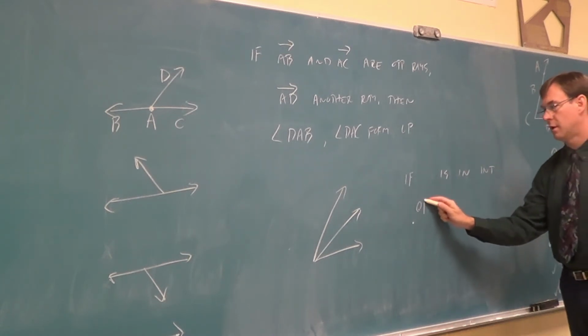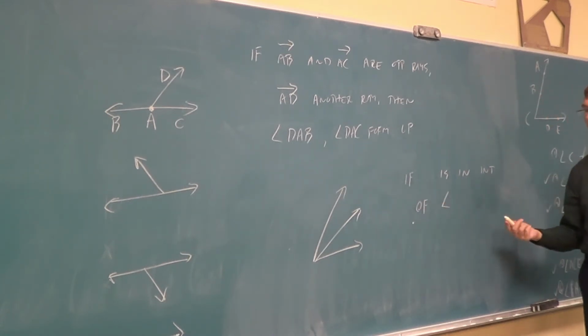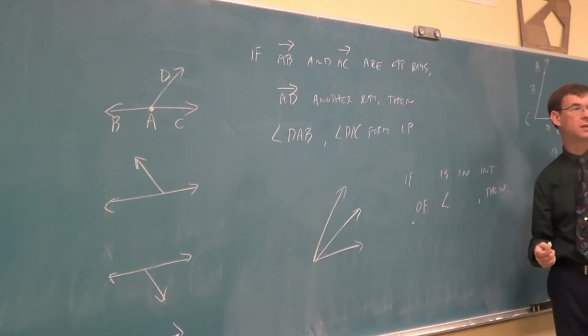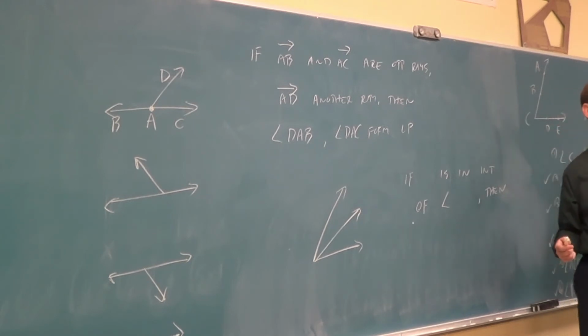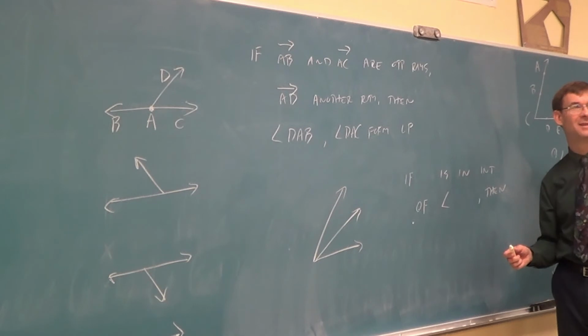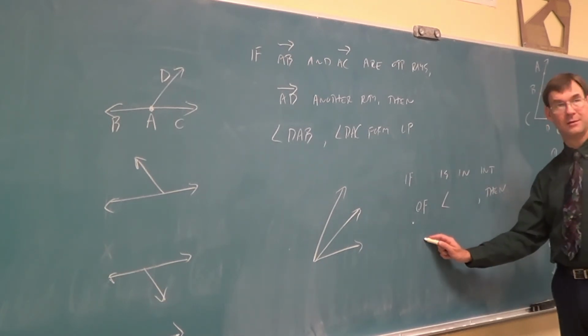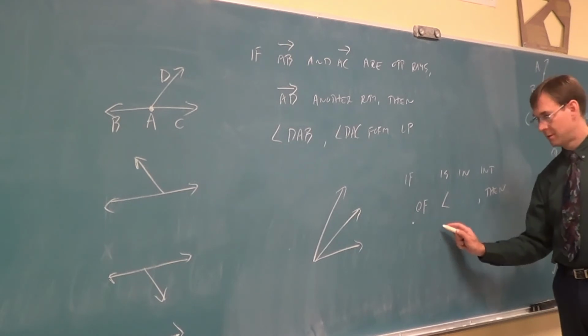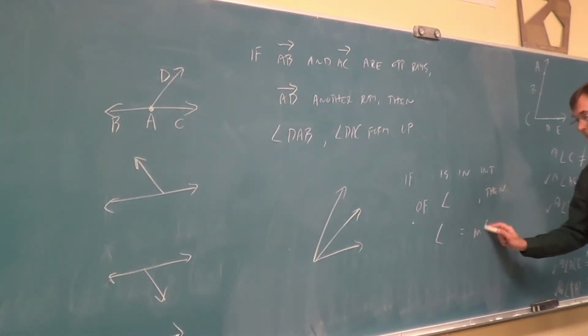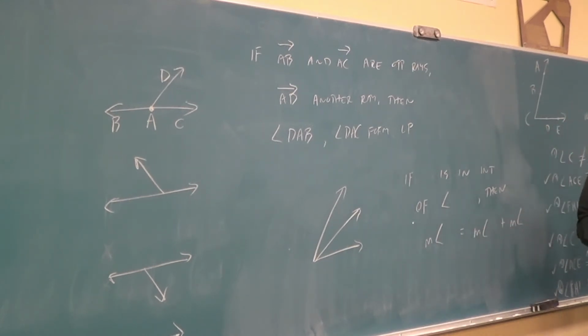Is it if a ray is in the interior of some angle, then there's going to be math happening. Does anybody remember what math happens? Is it like the big angle equals the measure of the smaller one plus the other measures? Agreed. And we'll stick a little M on that one to boot, yeah.